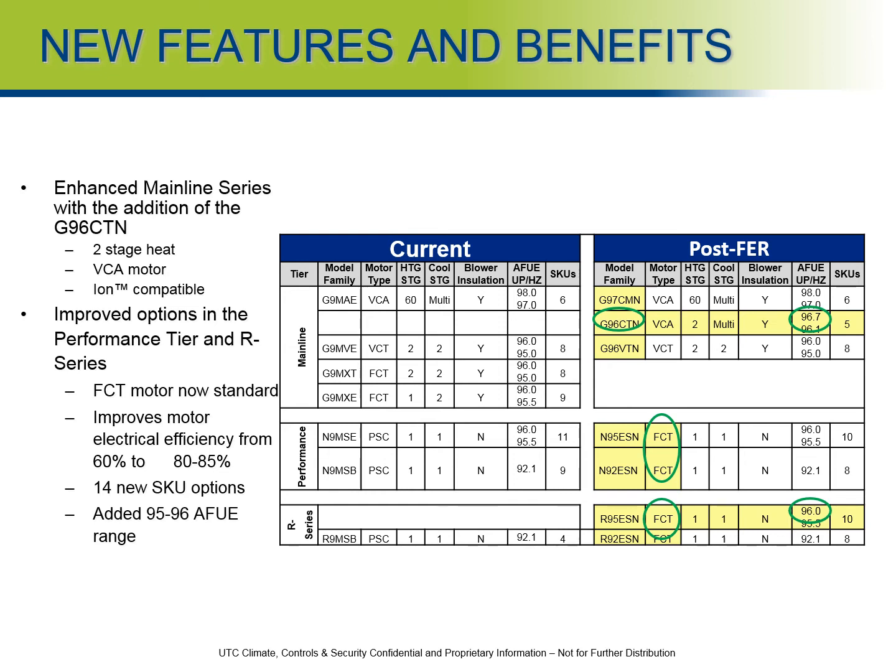So we've added 14 new SKUs, or essentially 14 new furnaces, to the furnace lineup as of the FER rule, and as you can see, they are added throughout the tiers of the lineup.